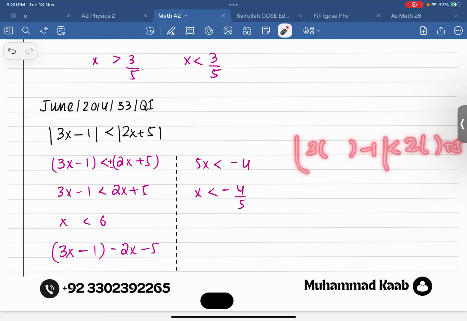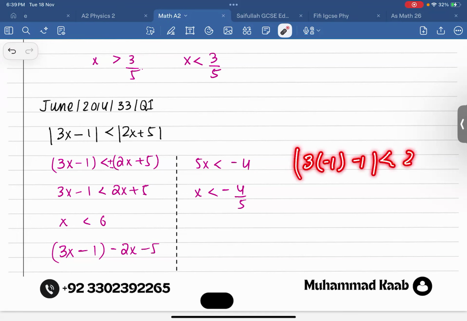And we have the modulus right here as well. Okay, so -3 -1 is -4 modulus, less than 2 times -1 plus 5, which is 3, right? So 4 is less than 3, so yes, it is making sense.